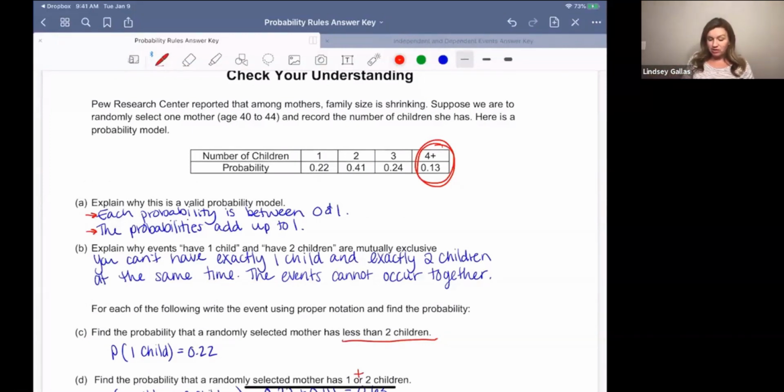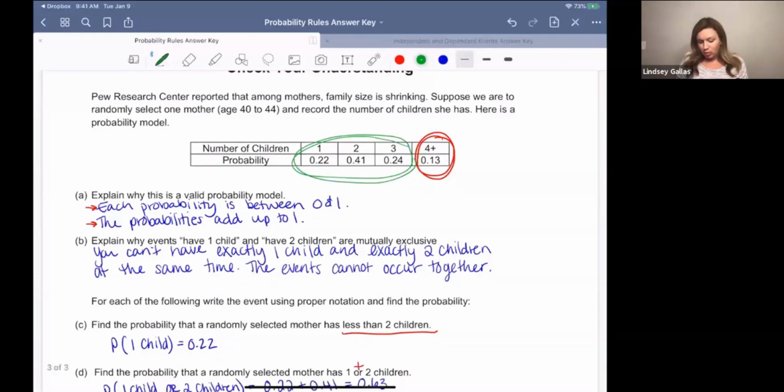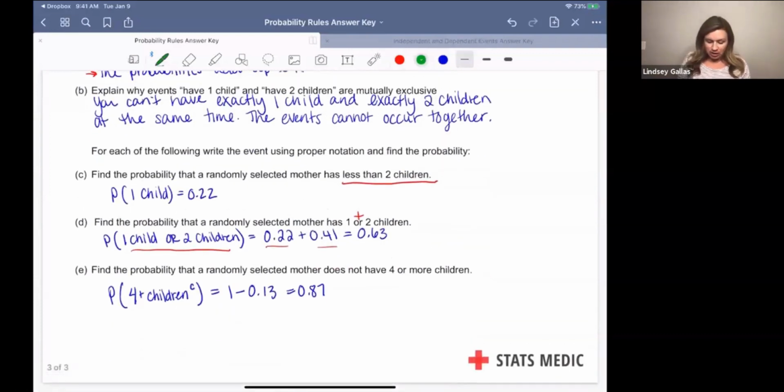That's everybody else. I can also think about it as adding up all of those sections. Well, instead of adding all this up, I can just do 1 minus the 0.13. So I've got on here the 4 plus children complement, and then I did 1 minus 0.13 and a final answer of 0.87.